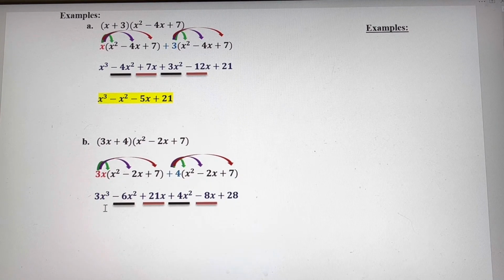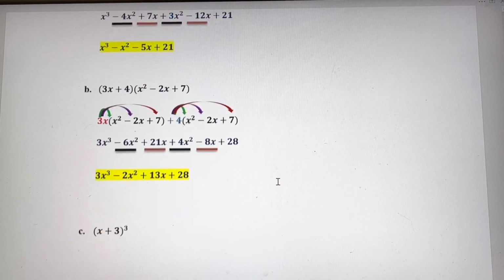Make sure you know how to add those. Remember when you add these, and I didn't say this up here, the exponents don't change when you're combining like terms, okay? Some of you guys were doing that the other day. So we're just going to bring down the 3x cubed, combine our x squareds, that gives us negative 2x squared. Combine the x's here, that's 13x, and then bring down the constant 28. So that's my answer for example B.